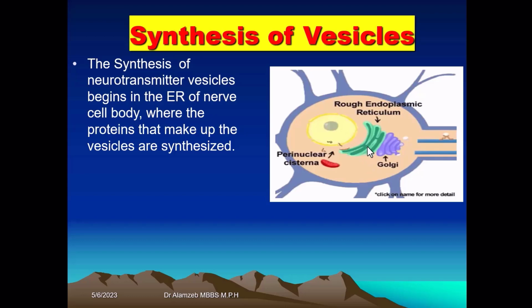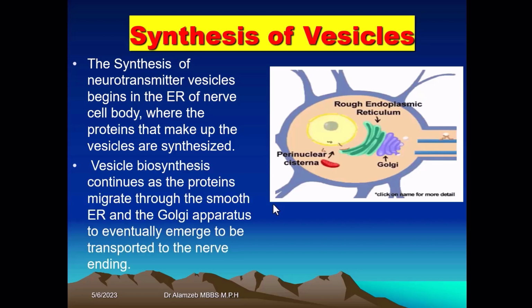Protein is synthesized and then it is transported to the Golgi apparatus. From the Golgi apparatus, it is loaded into a transporter. The proteins migrate through the smooth endoplasmic reticulum and the Golgi apparatus to eventually be transported to the nerve ending. This is loaded to the transporter protein and reaches the nerve ending.